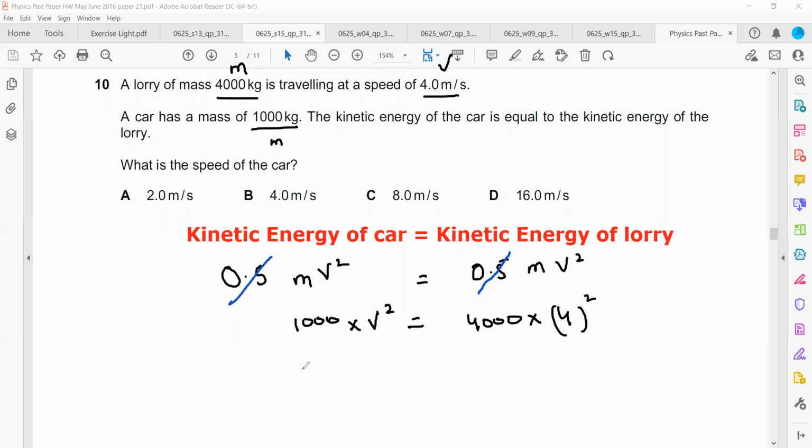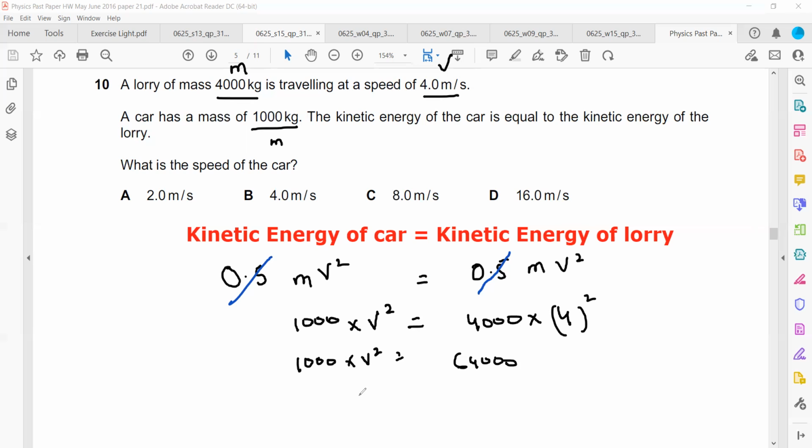So when we simplify this, 1000 into v square is equal to 4 square, which is 16, and 16 multiplied by 4000. So 16 times 4000 is equivalent to 64,000.